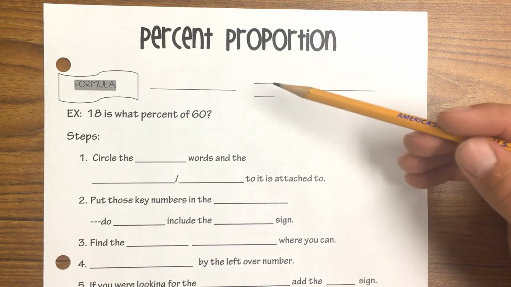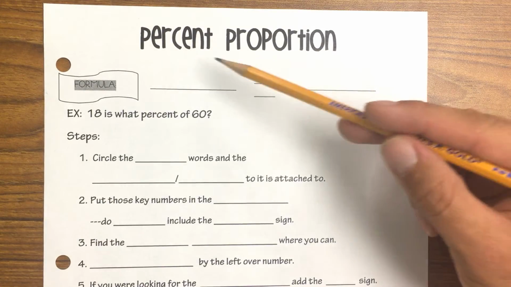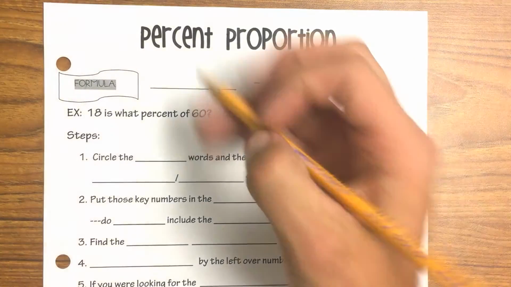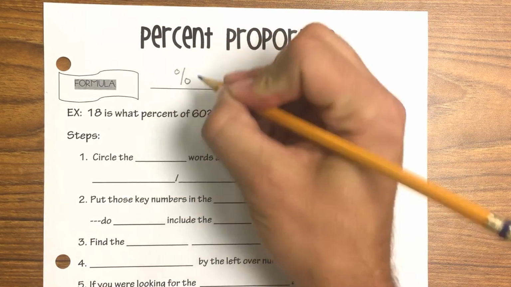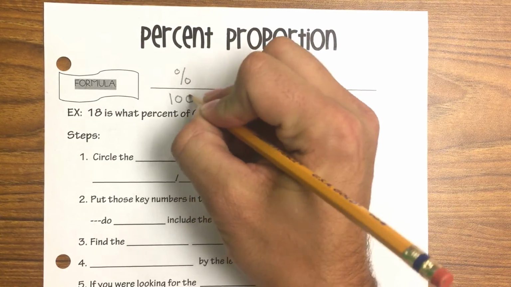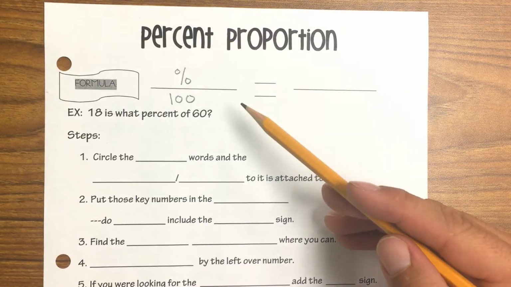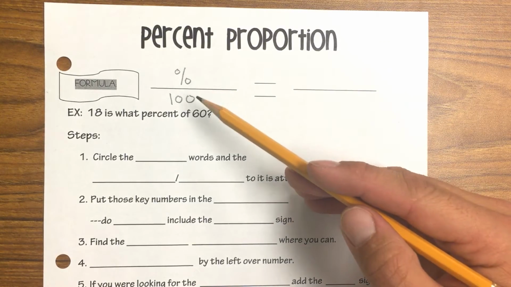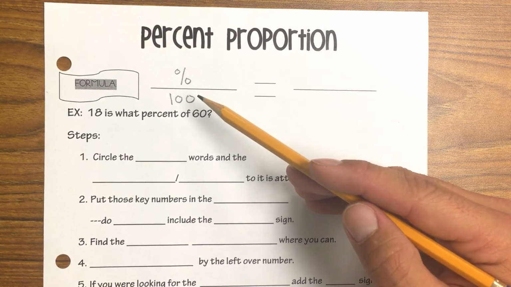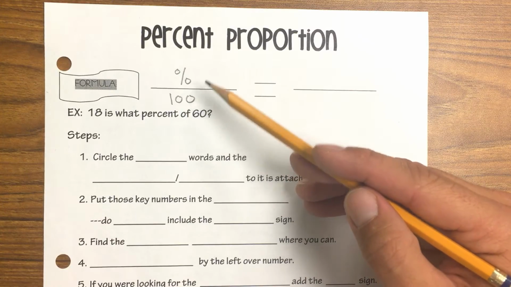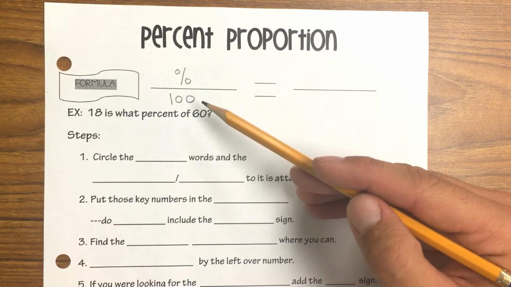So the formula that we're looking for on the left-hand side is always our percent. So we're always going to have a percent over 100. That is always going to go on the left. So if the problem gives us a percent, like 57%, we would write 57 on top over 100.